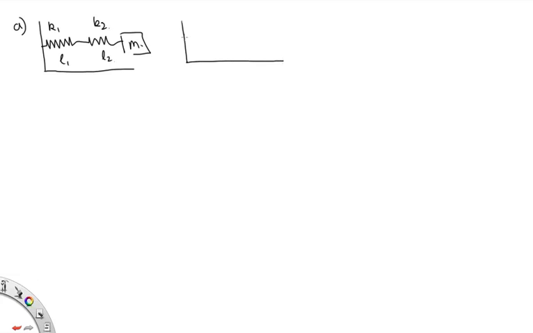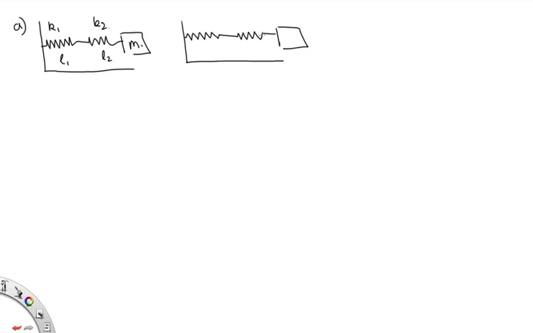Okay, so for case A, at equilibrium, we've got our mass M, we've got K1, we've got K2, we can call this length 1, we can call this length 2, and they're not stretched. Now we stretch the spring by applying some force.